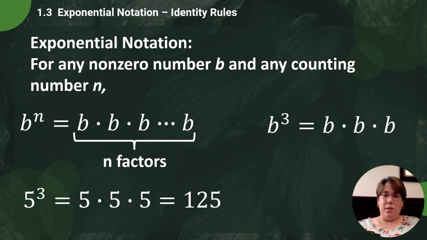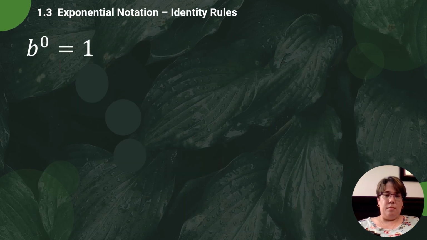Okay, so now let's look at a few identity rules. The most basic identity rule is that anything to the 0 power is equal to 1.